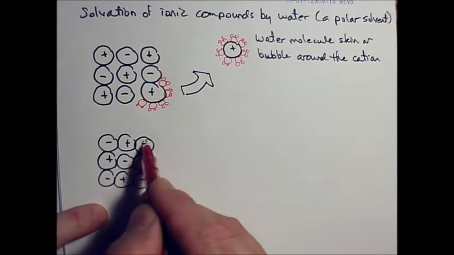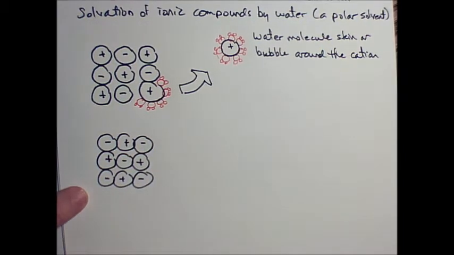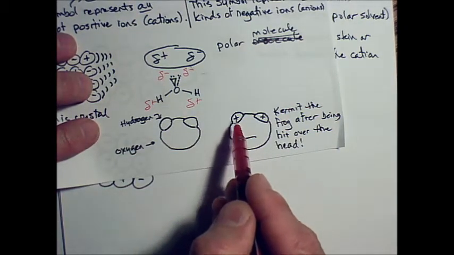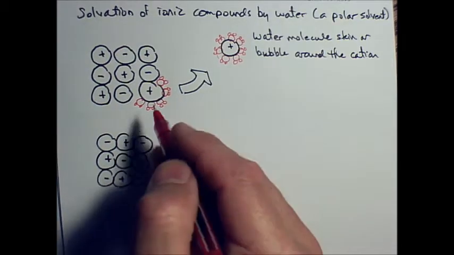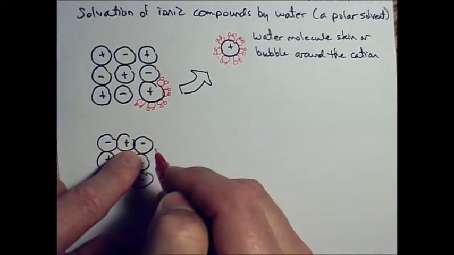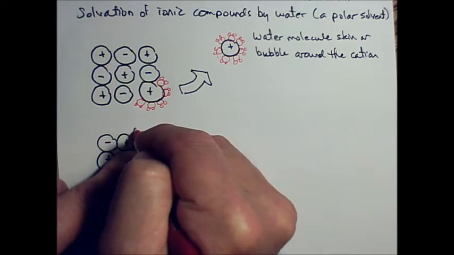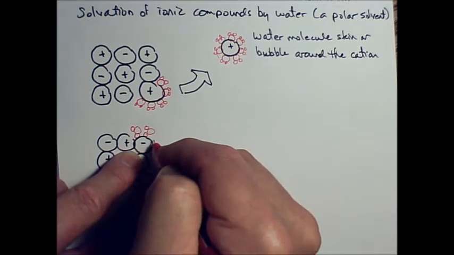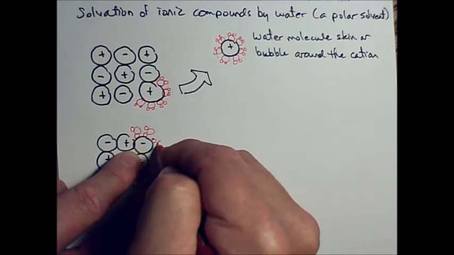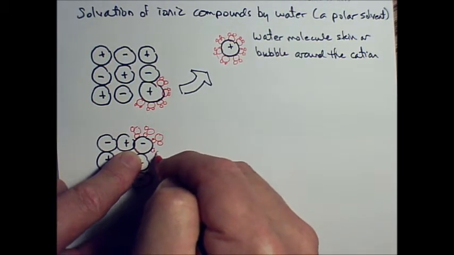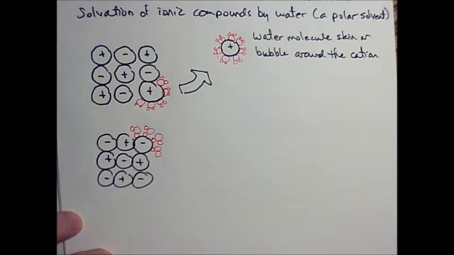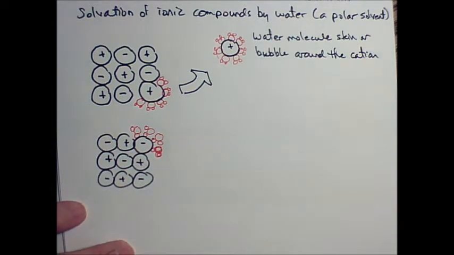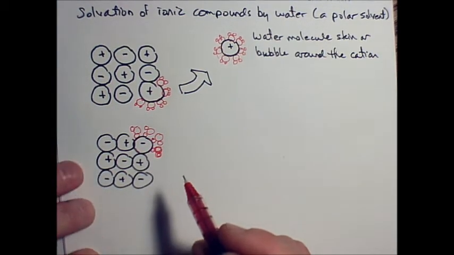So the same thing can happen around these negative ions. But instead of the negative end of the water molecule being attracted to the negative ions, it's the positive end where the hydrogen is located. Okay? So around this negative ion, this anion, the hydrogen atoms are more attracted. So it's the hydrogen side that is more attracted to that negative ion, the anion.